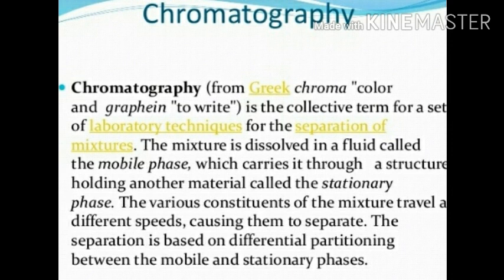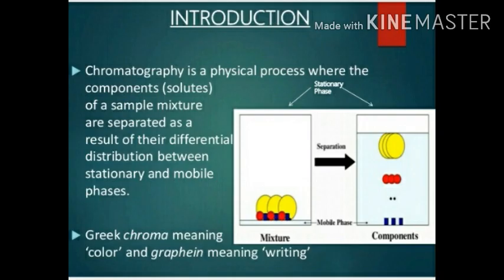Chromatography contains two phases, one is the stationary phase and the other is the mobile phase. Chromatography is a physical process where the components of a sample mixture are separated as a result of their differential distribution between the stationary and mobile phase. Just look at the picture: mobile phase and stationary phase.